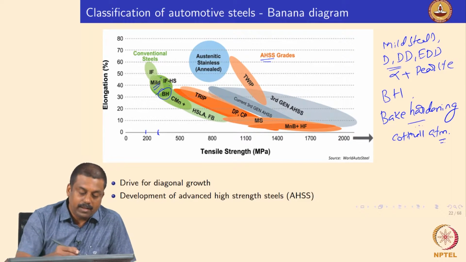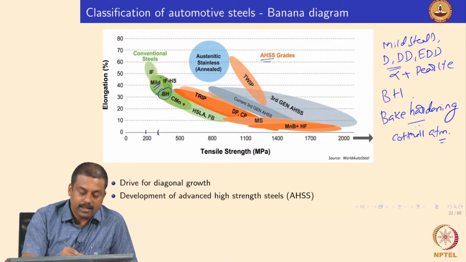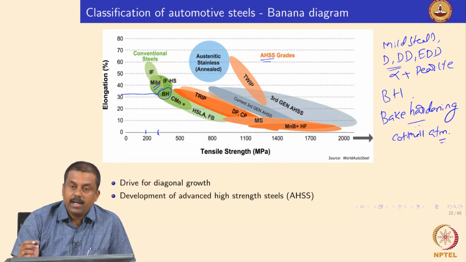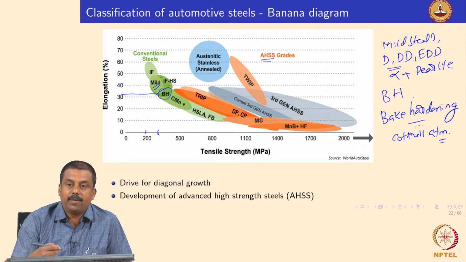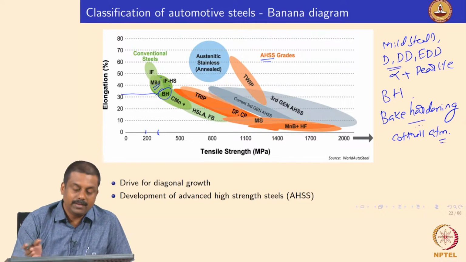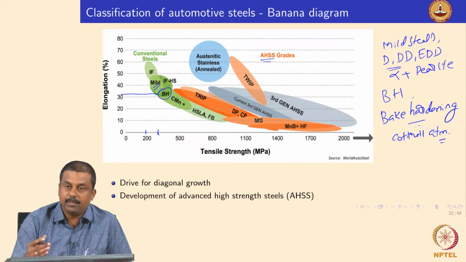So you can form it, the material still has reasonable ductility, about 30% elongation, and you form the component, but after forming and during the paint baking cycle, because of the migration of carbon atoms to dislocation fronts, the component gains slightly higher strength than without paint baking.